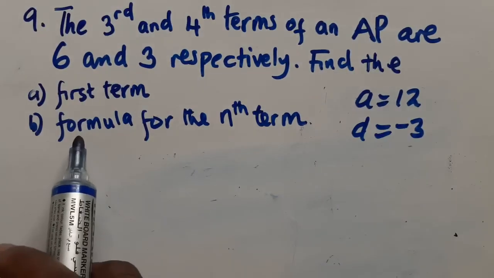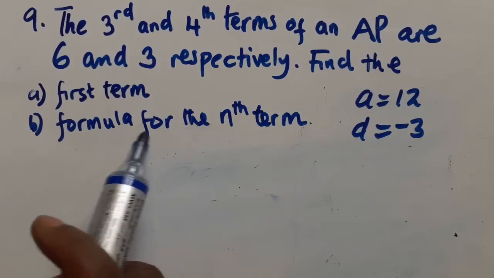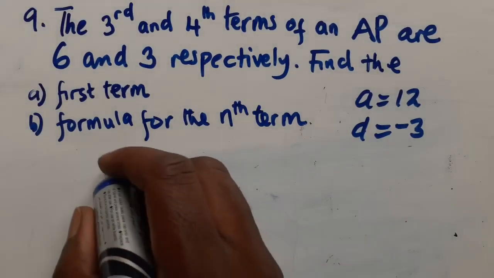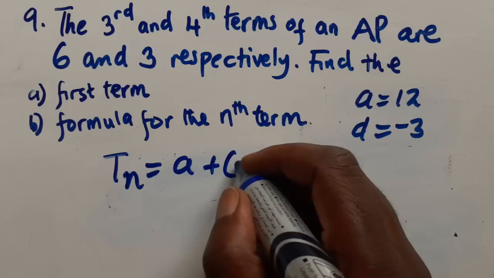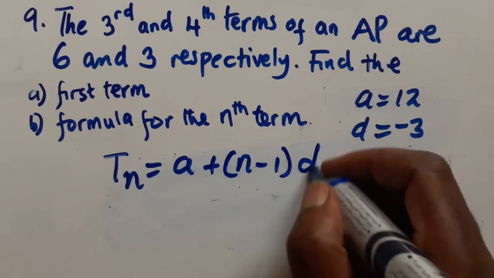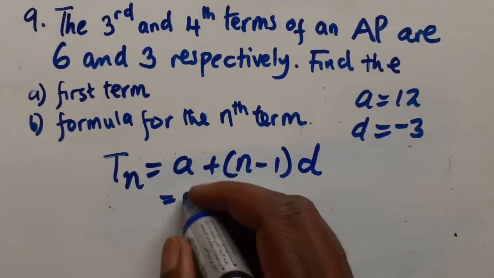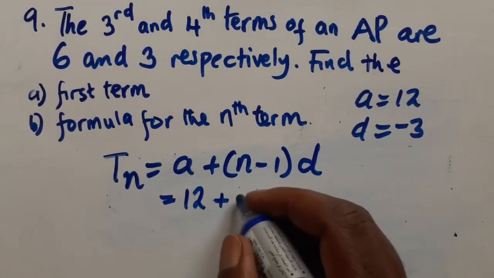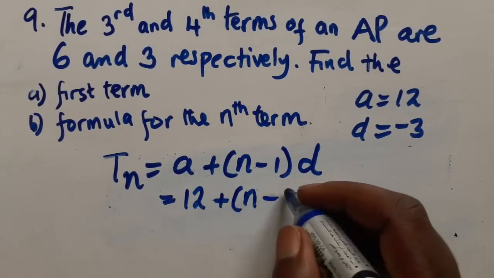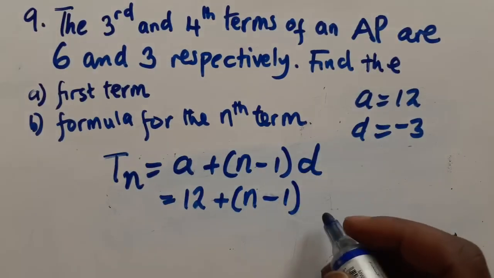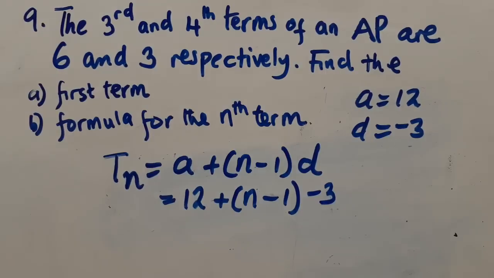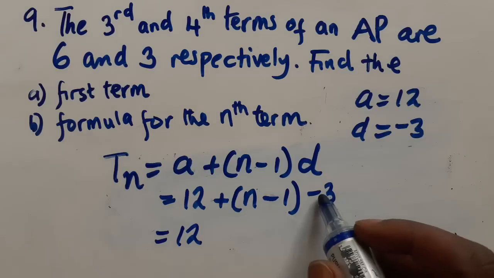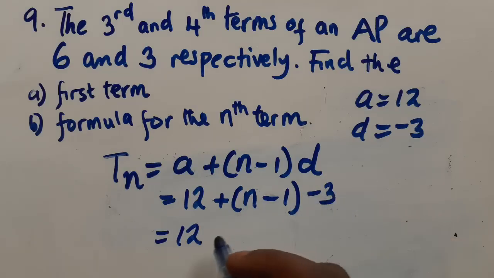Then this question says find the formula for the nth term. This is our formula. In this case, we know our first term is 12, and we know our common difference is negative 3. So we distribute. You are multiplying each one of these terms by negative 3.